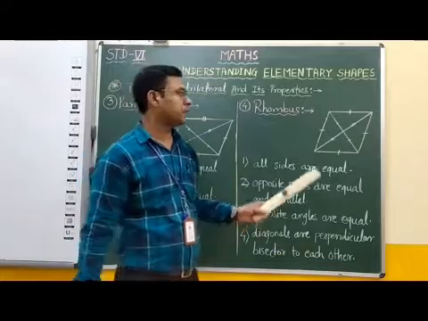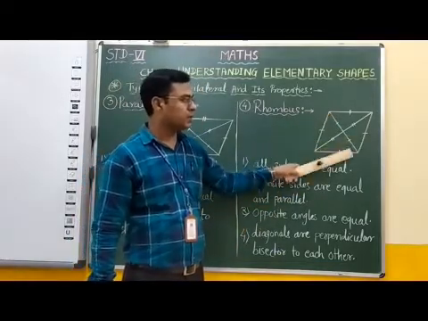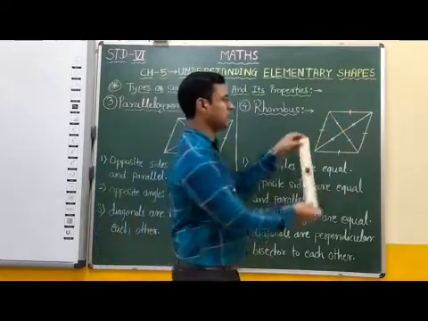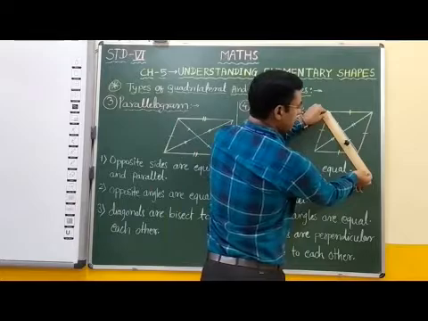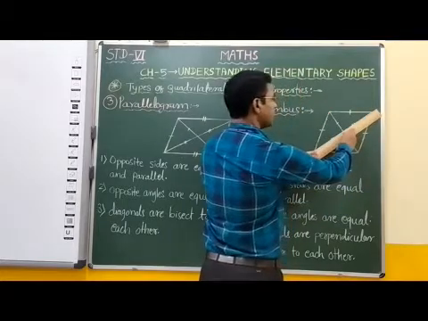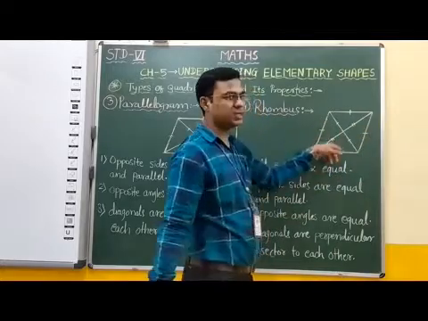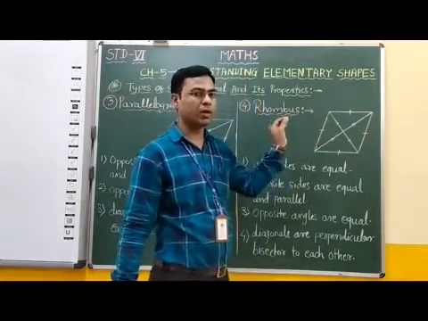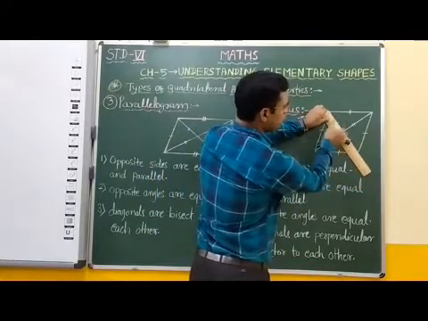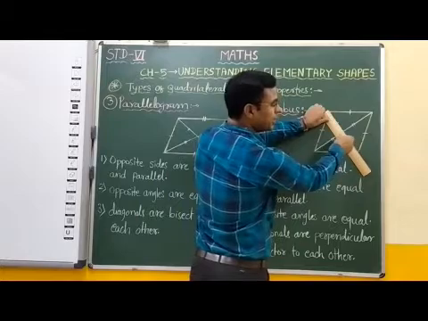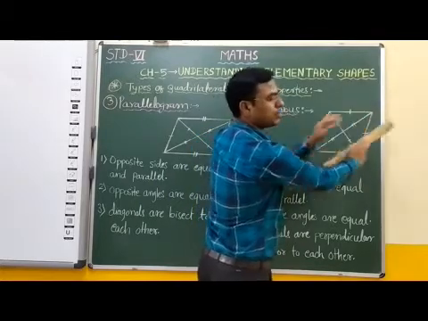Now the fourth property: diagonals are perpendicular bisectors of each other. If we measure these two diagonals, the length of this diagonal is 10 cm and the length of this diagonal is 14 cm. Therefore, we can say that these diagonals are not equal. But if we measure these two parts, it is 5 cm, 5 cm and this part 7 cm, 7 cm.